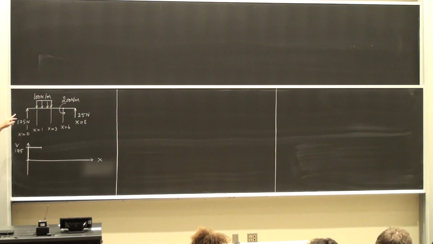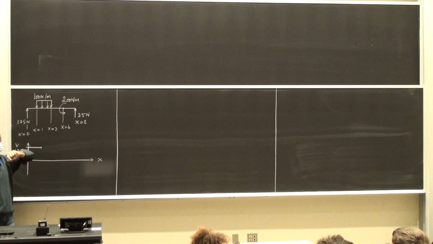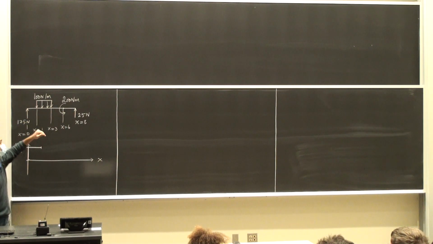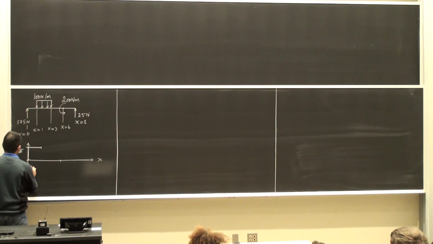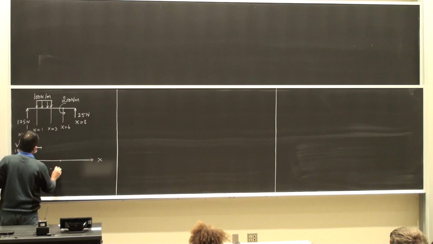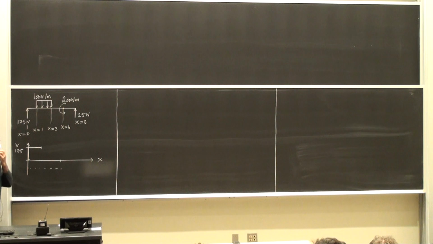Then I know that at 100 newtons per meter, I have to subtract from the 175. Okay, so there's going to be 175 minus the area under the distributed loading. It's negative because this is pointing vertically down. So there's going to be 100 times 2, 175. So I have to go to minus 25 at x is equal to 3 meters. Okay, so this was at x is equal to 3 meters.